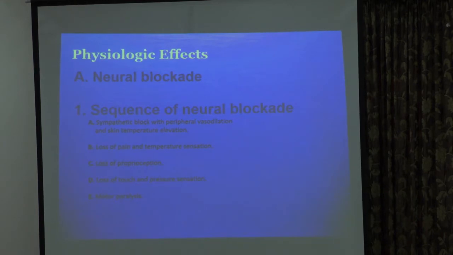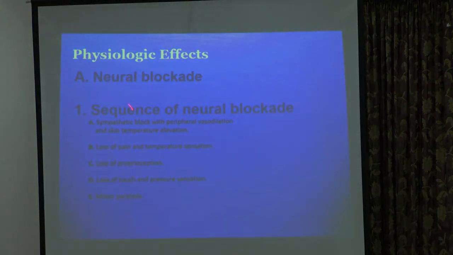The physiological effects of your spinal, your neural block. And this is very important. Whenever you do a spinal, the nerves get blocked in sequence.